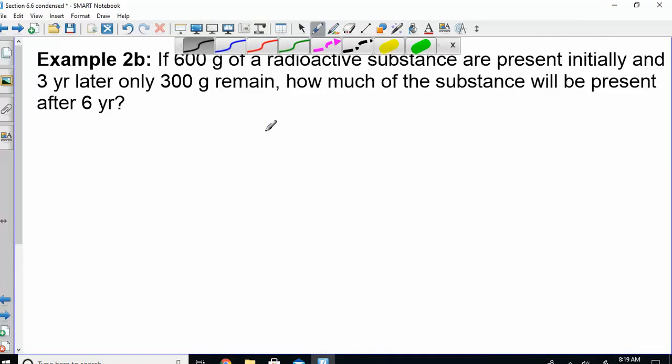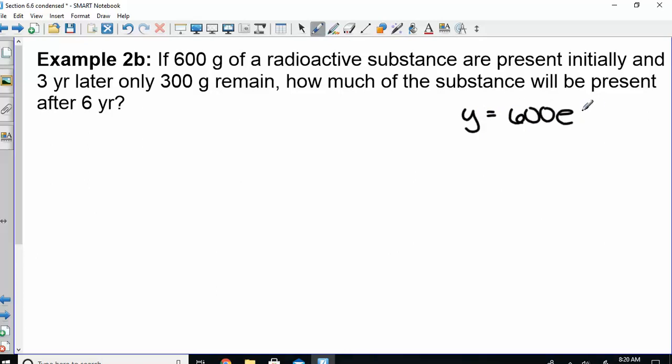What's our y sub 0? So we know that will always be the case. We have to find this k value. So we're going to take the 3 years later, we have 300 grams. So 300 equals 600 e to the k times 3 power. Divide the 600.